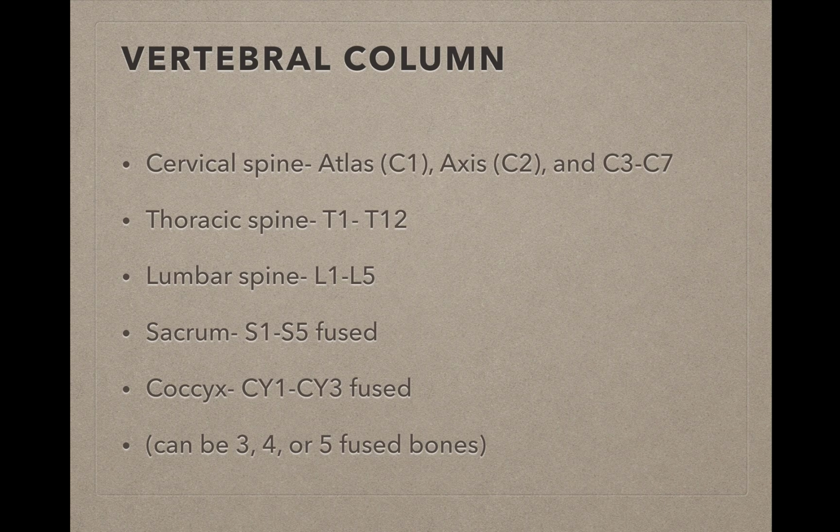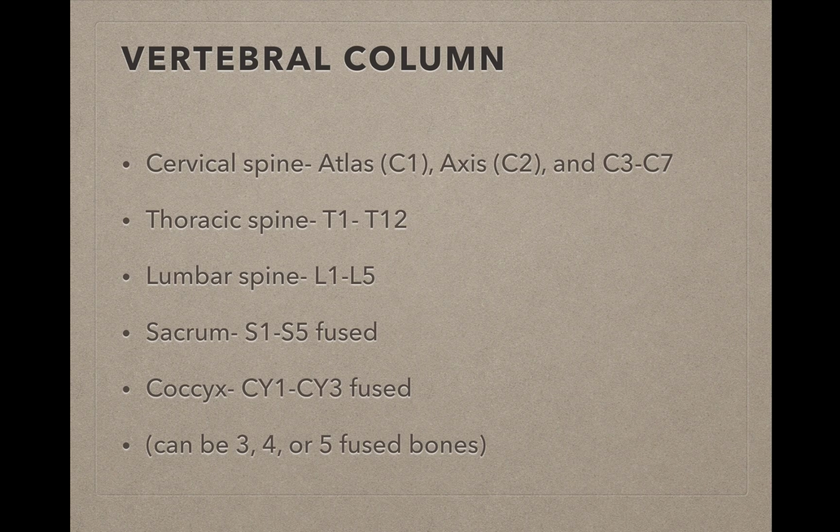Vertebral column. The vertebral column consists of the cervical spine, atlas C1, axis C2, and cervical spine C3 through C7.